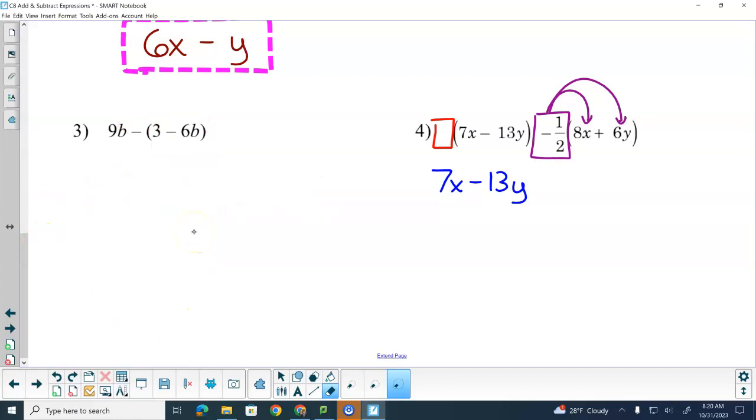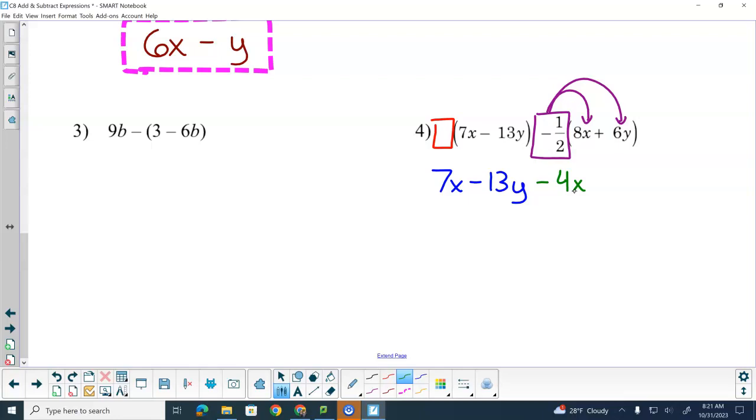Okay? So, negative 1/2 times 8. Negative 1/2 times 8. Negative 4 times x. Either way, there's two ways to do that.